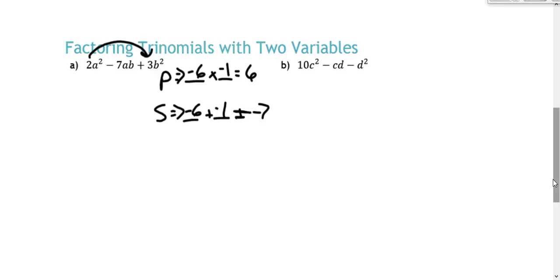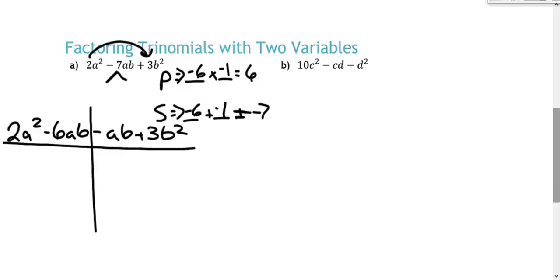So then 2a squared, this breaks down into minus 6ab minus ab plus 3b squared. Chart. Greatest common factor here is a 2 and an a, and that leaves us with an a minus 3b.